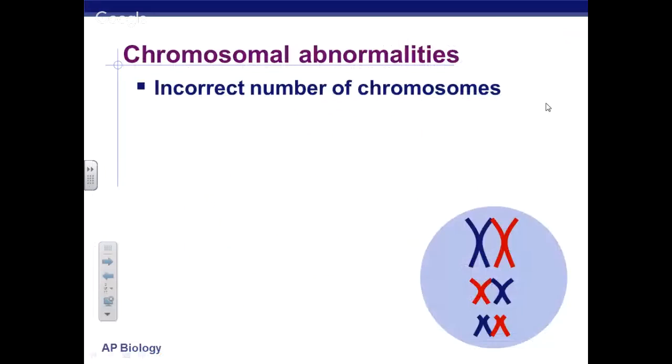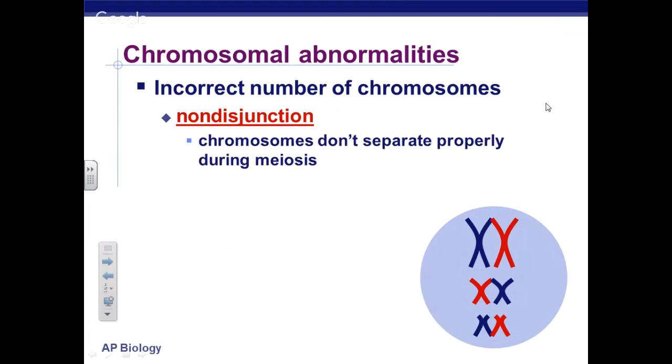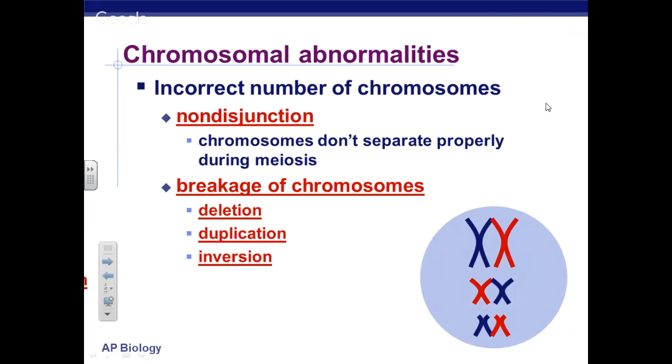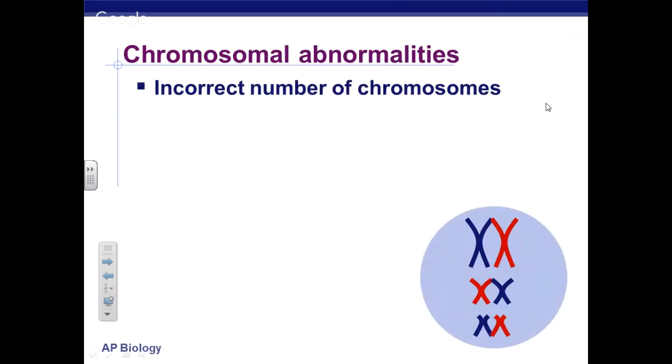Okay. Now, having a wrong total number of chromosomes is a condition called aneuploidy. Aneuploidy is having a wrong number of chromosomes. I'll spell it for you.